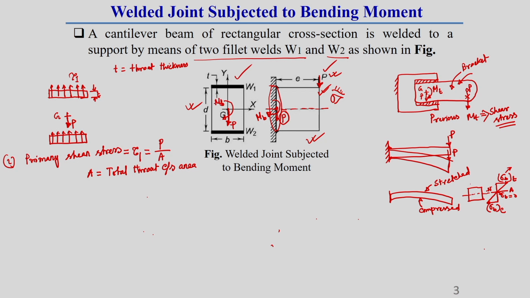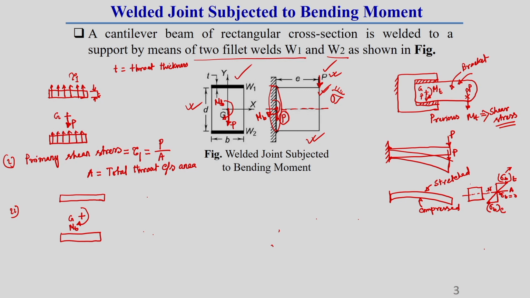So, this bending moment, here I am just again drawing this weld plane. This is the weld plane, this is the G of the weld. Once we replace this force P from eccentric position to G, here will develop a bending moment MB.